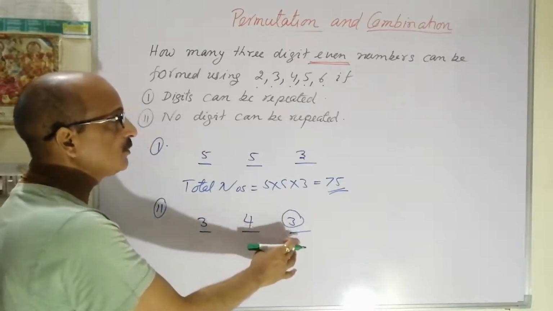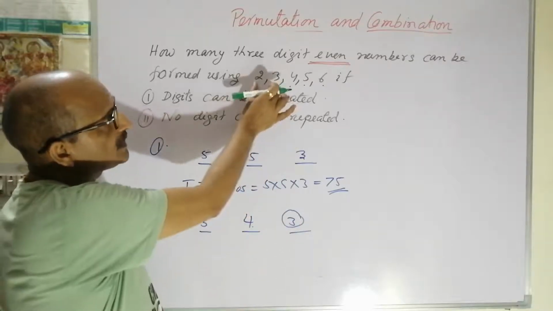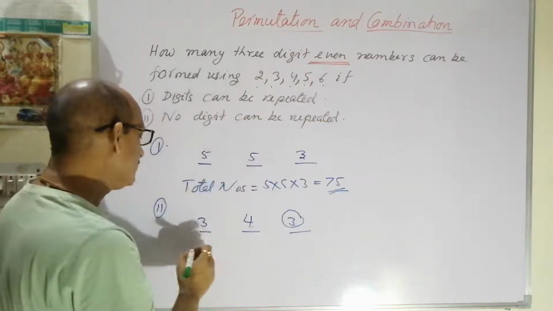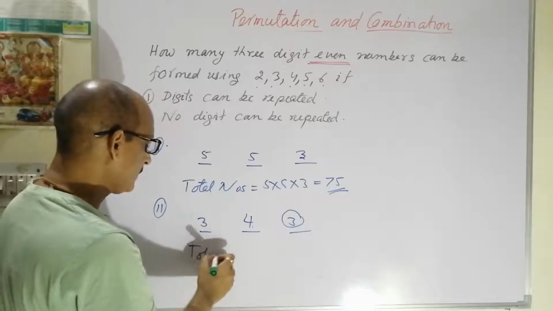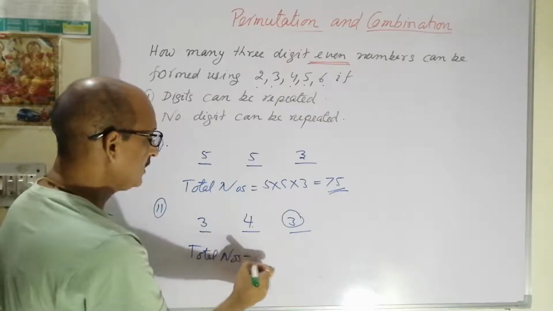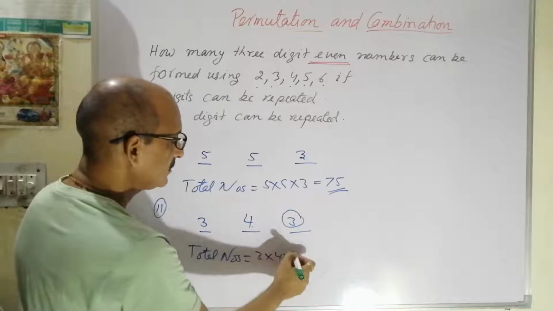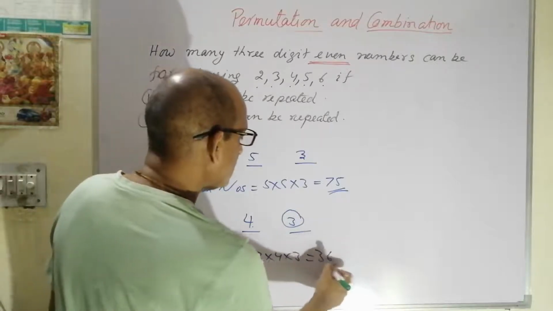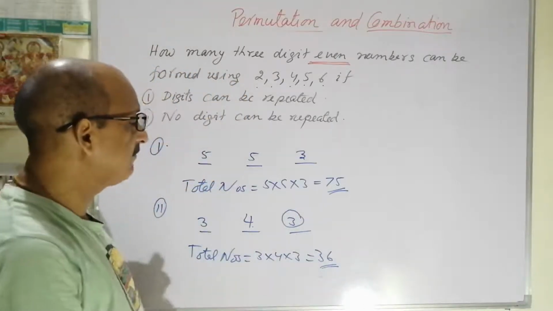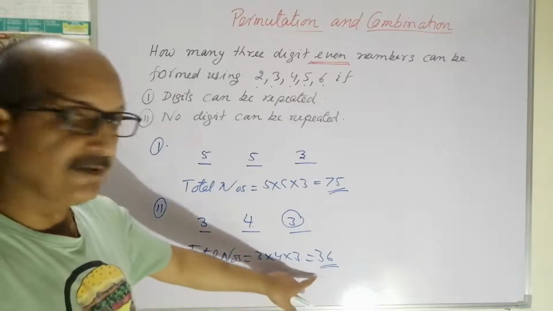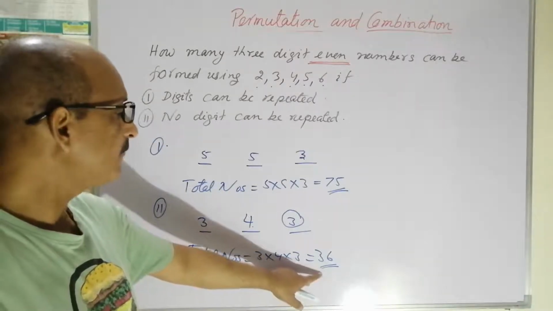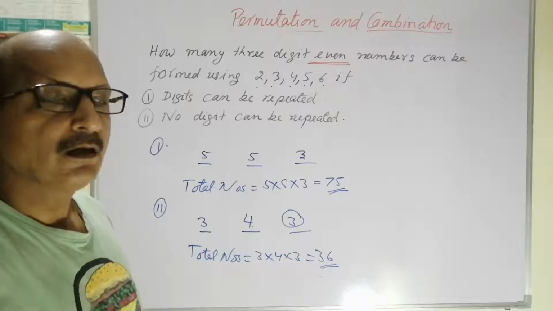So 2 digits are used, and then we have only 3 ways. In this way total numbers will be 3 into 4 into 3, which is 36. So total 36 numbers will be even if digits cannot be repeated.